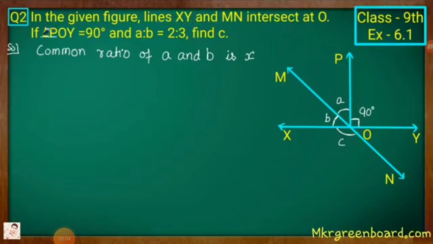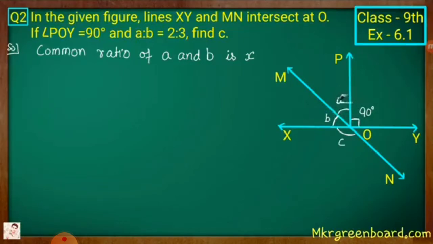In the given figure, lines x, y and m, n intersect at O. Angle POY equals 90 degrees and a to b equals 2:3. Find c. Okay, first of all, whatever they give in the question, read two or three times.